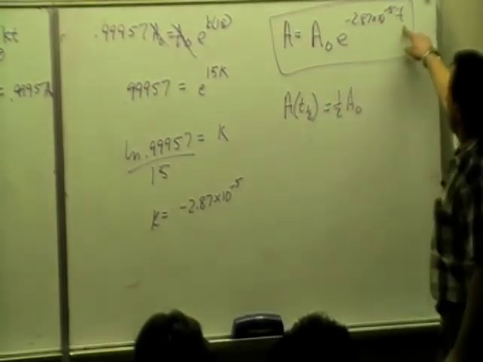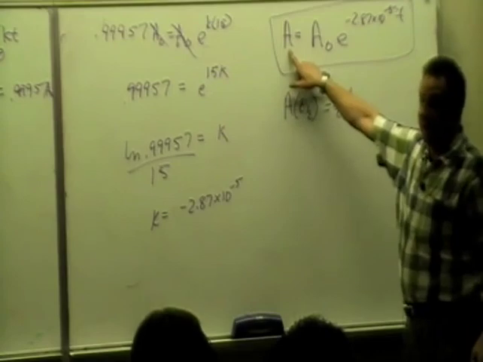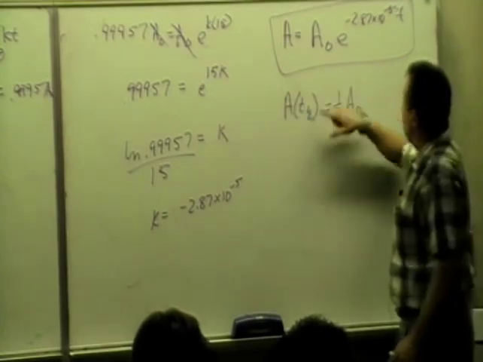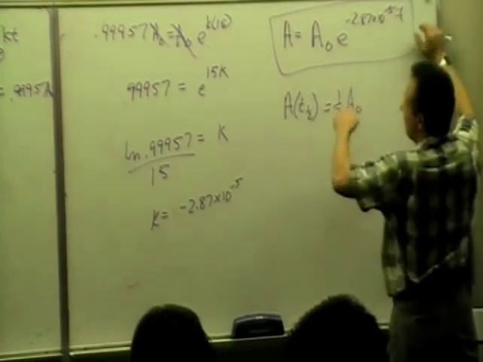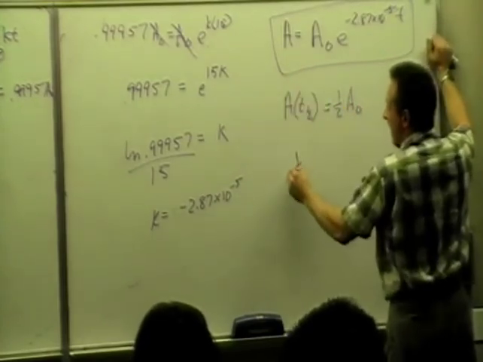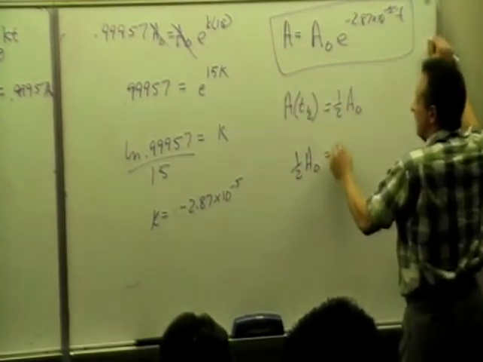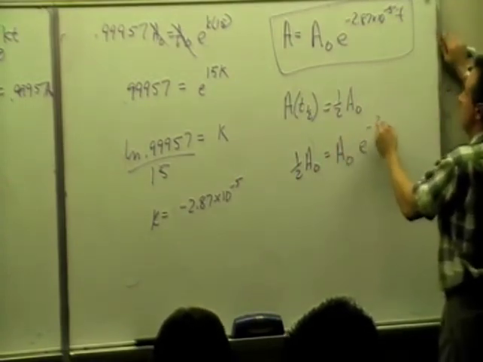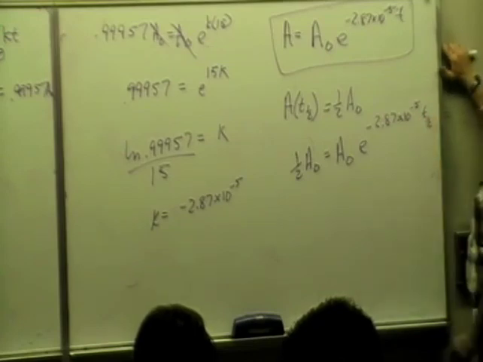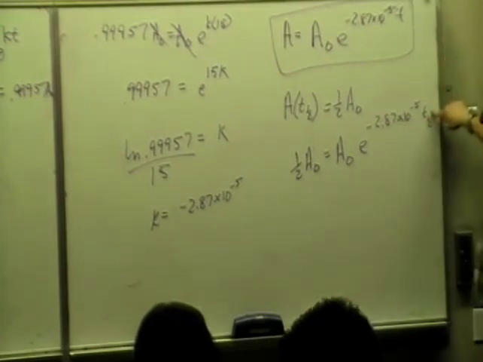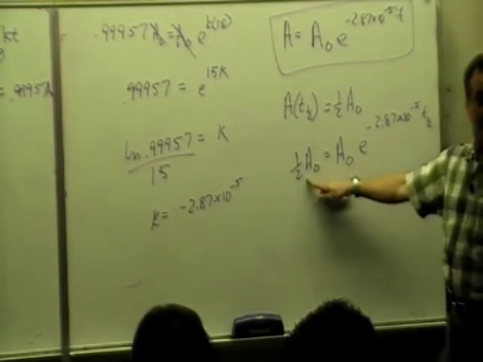I need to plug in a certain time that'll give this to be half of this, right? So now I'm just going to solve for t. I'm going to plug in this condition to find my half-life. A will be 1/2 a sub naught equaling a sub naught e to the minus 2.87 times 10 to the minus 5 t half-life. So when the time is the half-life, I'm going to have only half of what I started with.